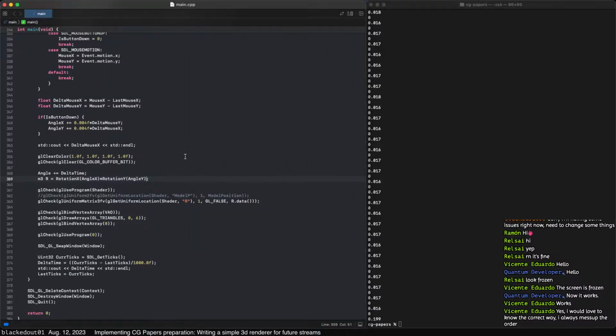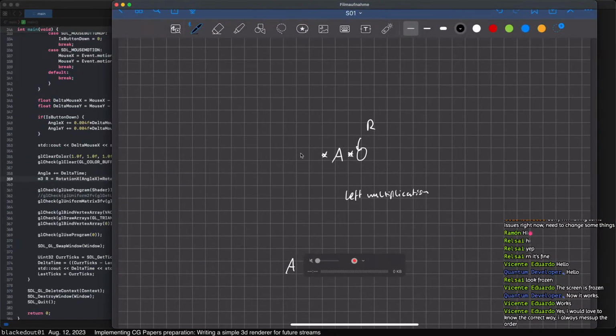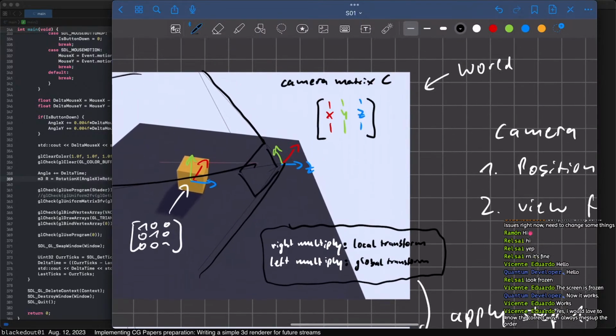Okay, so yeah, and the next thing that maybe is important to understand this is translations, because we don't just want to rotate the camera, we also want to move the camera.